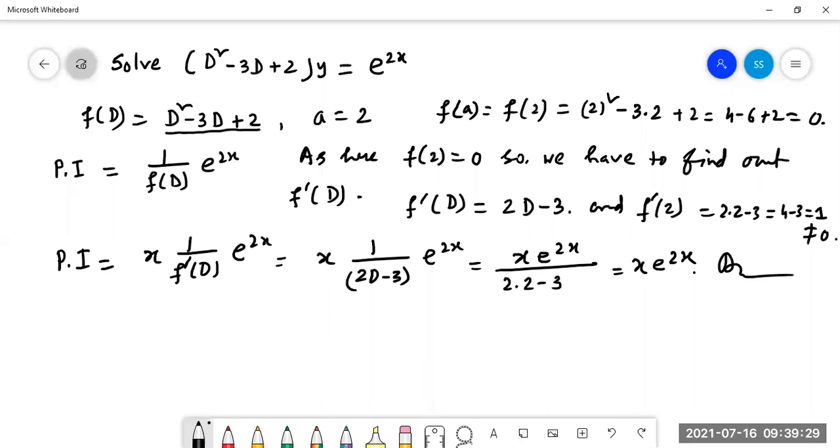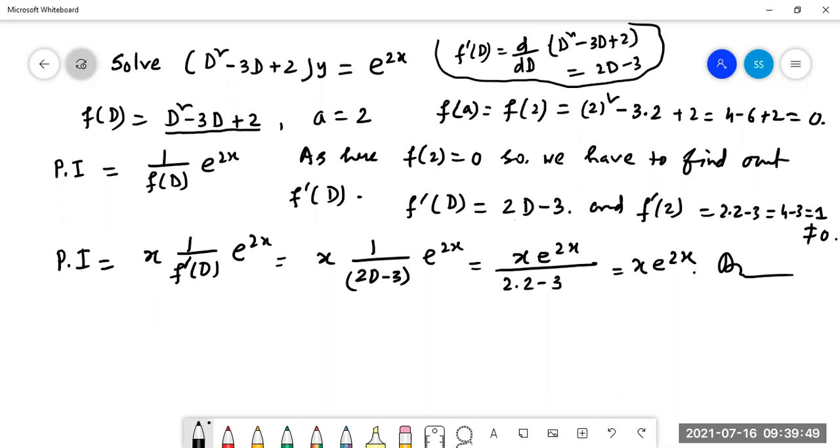So that is coming here f dash D. f dash D means the derivative of D square minus 3D plus 2, then it will be 2D minus 3, no? Is it clear? Yes.